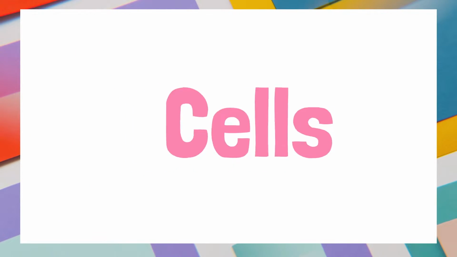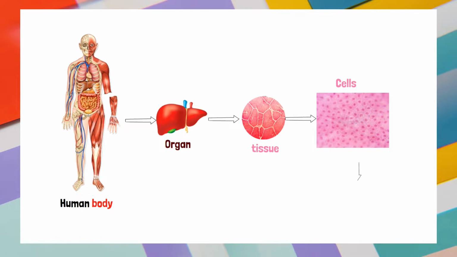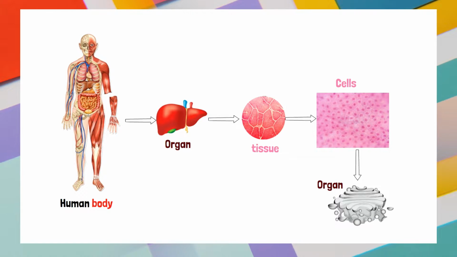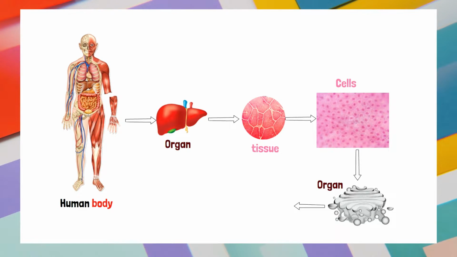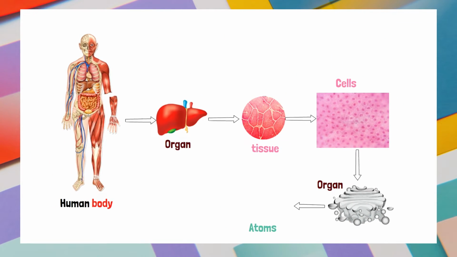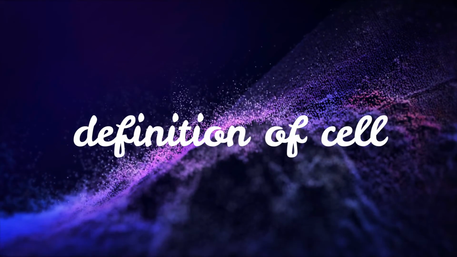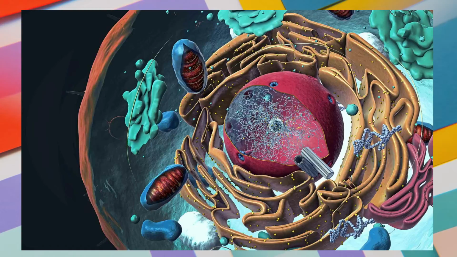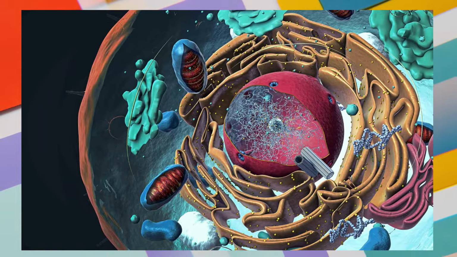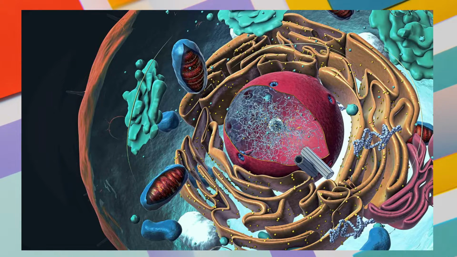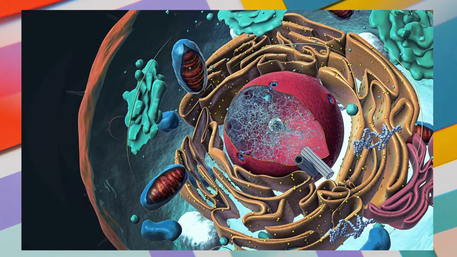One tissue is made of a lot of cells, and that is the meaning of the word cell. It is the smallest structural unit of an organism that is capable of independent function. So far so good. Now let's go and see how cells look in the microscope.